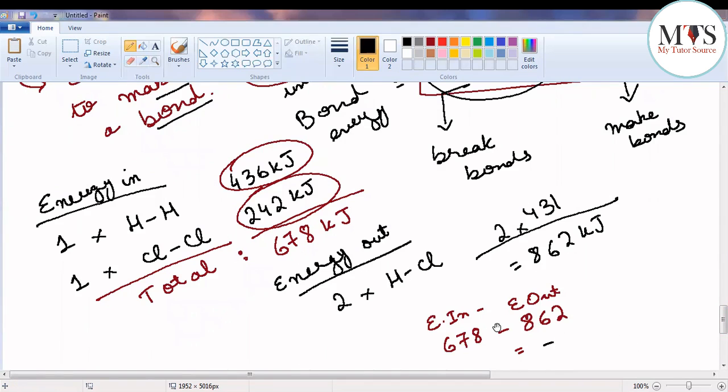Let me quickly write it down. It's giving me negative 184 kilojoules. Is that right? Yeah, negative 184. And this negative symbol is pretty important, as we know, this negative symbol is actually indicating that it's going to be an exothermic reaction, right?